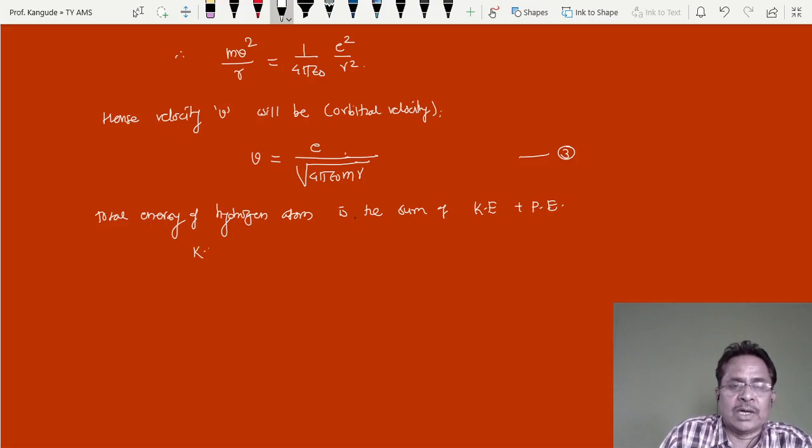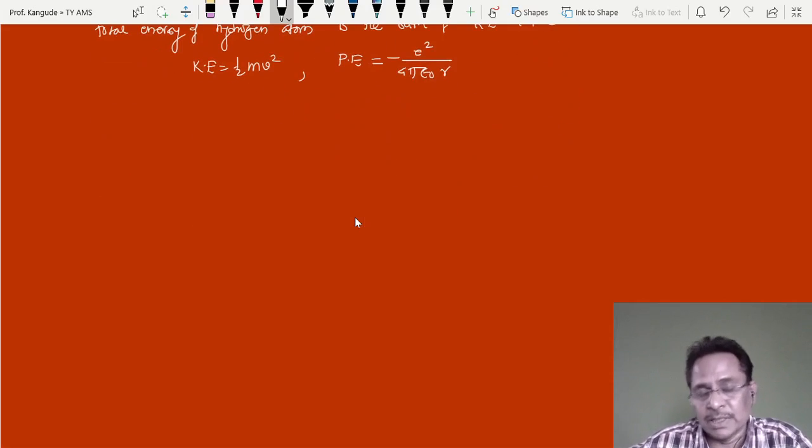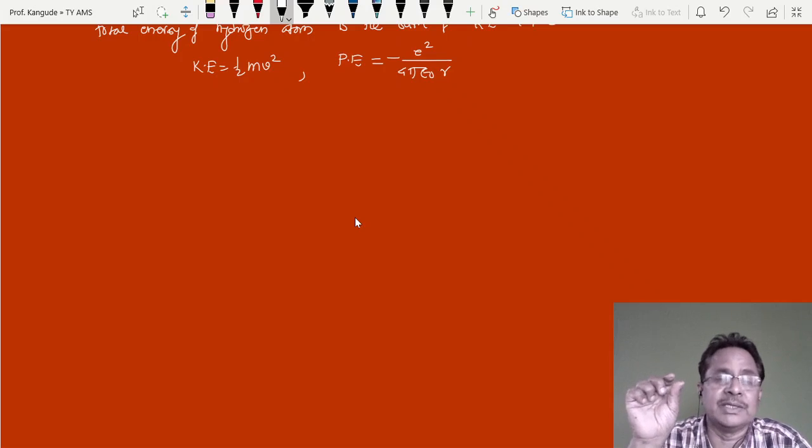K is given by 1/2 mv square, mass into velocity square, whereas the potential energy PE is given by the electric potential between these two charges, which is minus E square upon 4 pi epsilon 0 into R. These are the respective potential and kinetic energy for a situation where there are positive and negative charges separated by distance R. The potential energy is attractive, that's why there is a negative sign.